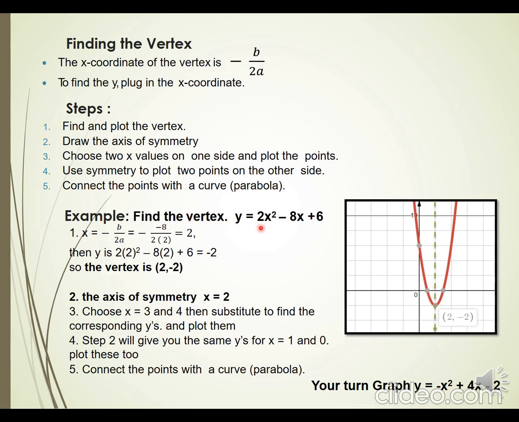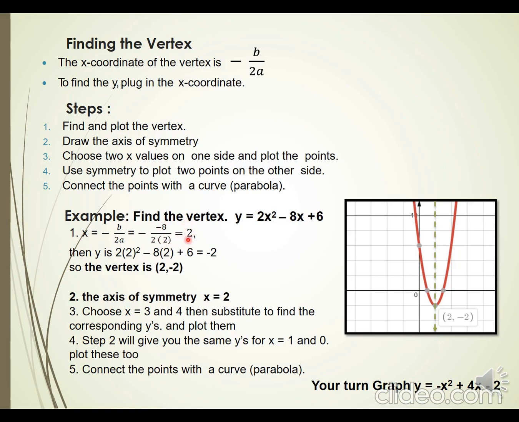Here we have a function. Let's try to do this: 2x squared minus 8x plus 6. This is a, this is b, negative 8, and this is c. So step number 1, define a, b, c. Use b and a in the right way, then do the calculations: negative negative 8 is positive 8, 2 times 2 is 4, 8 over 4 is 2.